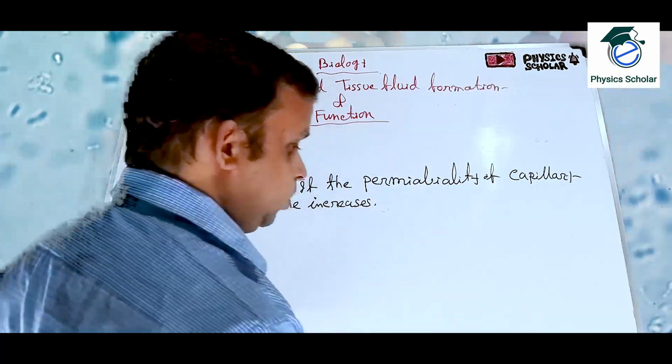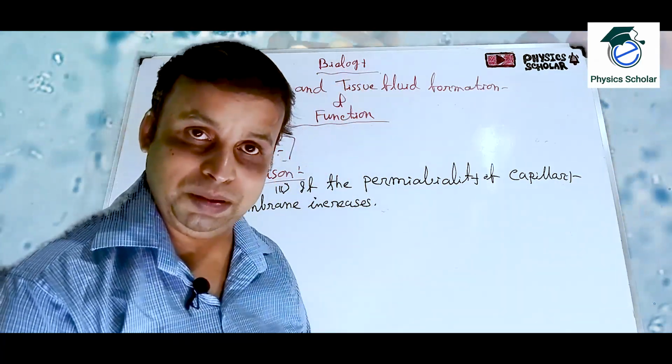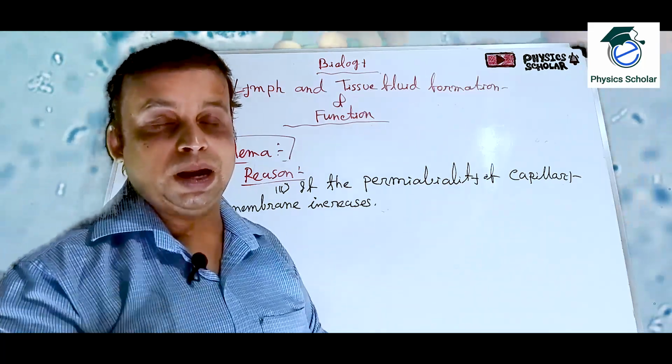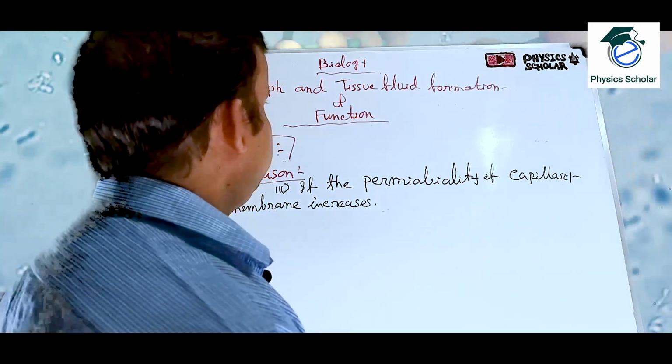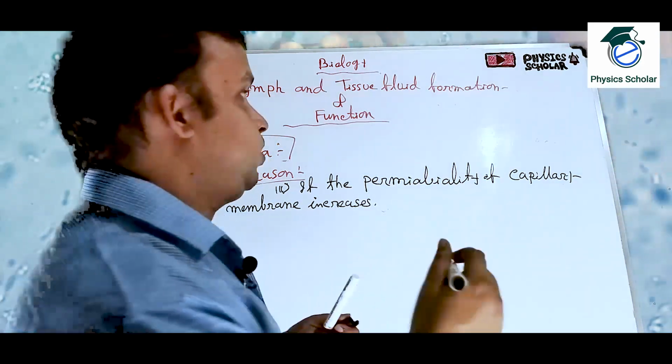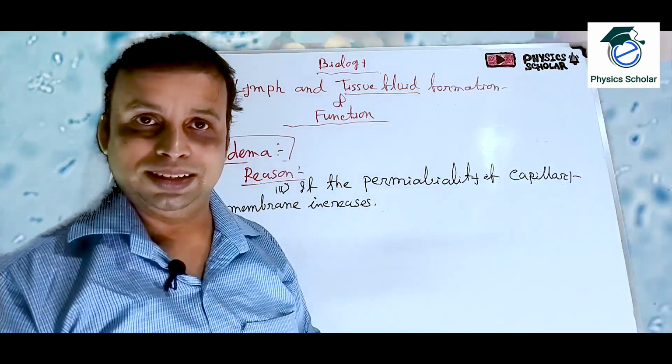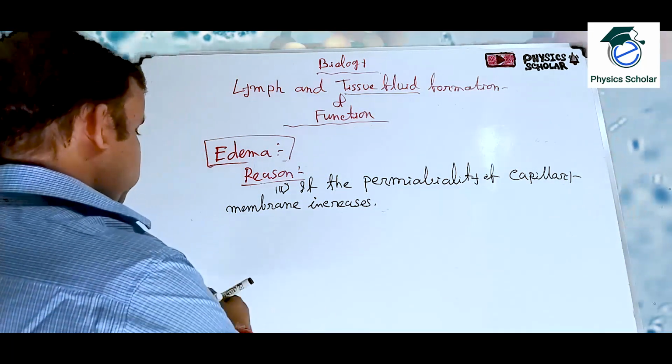If the permeability of the blood capillary membrane increases, then more water can come out, clear? As a result, it will increase the amount of tissue fluid and edema can occur. Okay?